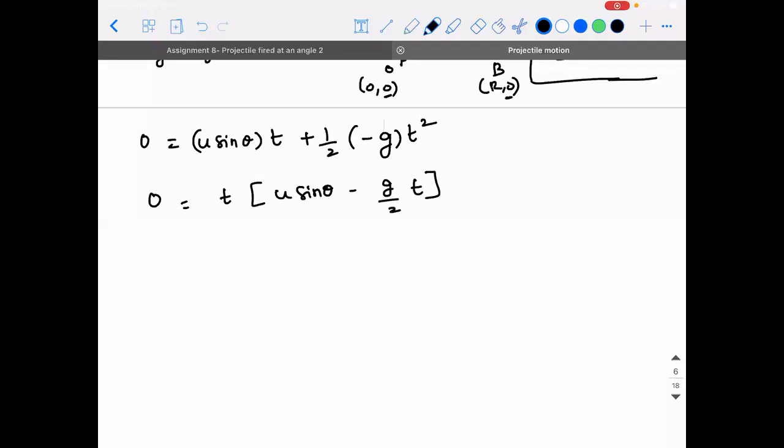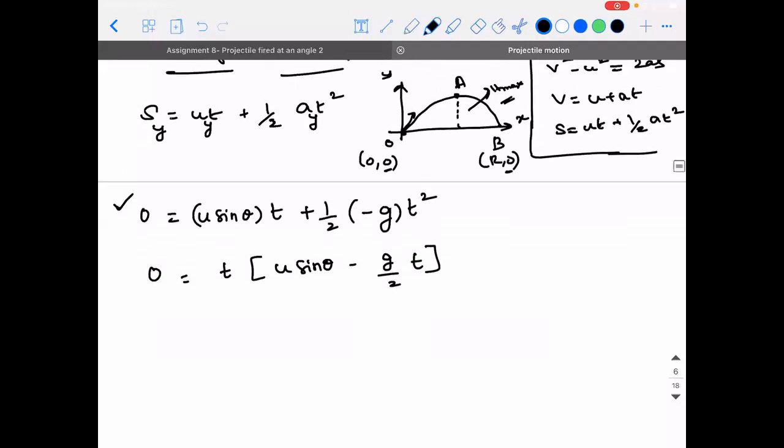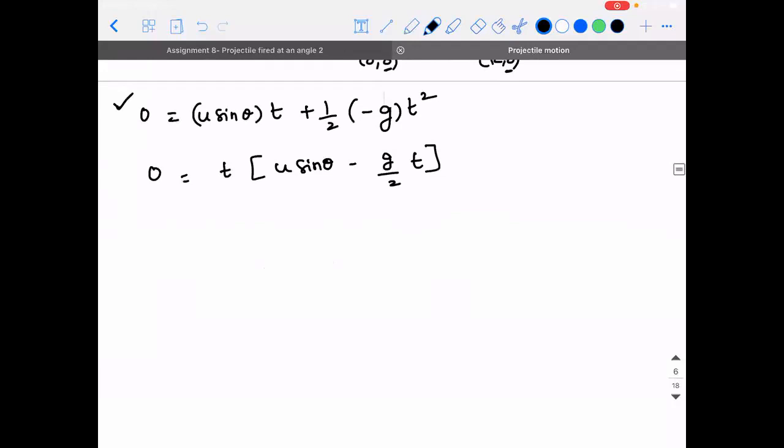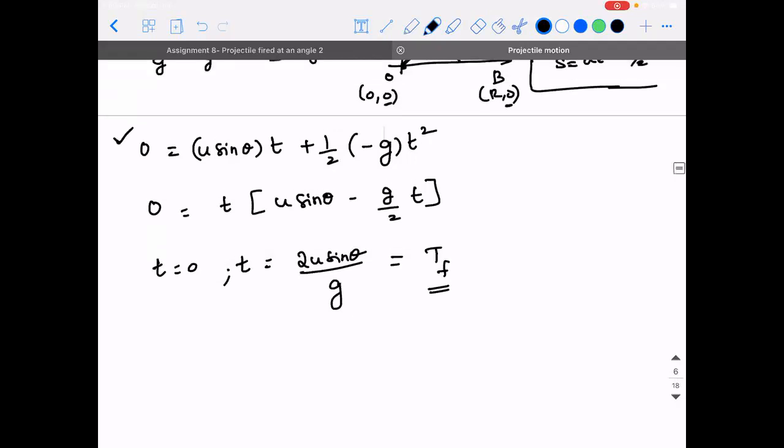There is a reason why I didn't cancel t: the displacement of the particle along y direction is 0 even in the initial scenario. So there are two values of time throughout its journey where the displacement of the particle in y direction is 0. One is at this initial phase and the second is when t is equal to 2u sine theta divided by g, and this 2u sine theta divided by g is what is called the time of flight. Is that clear, guys?